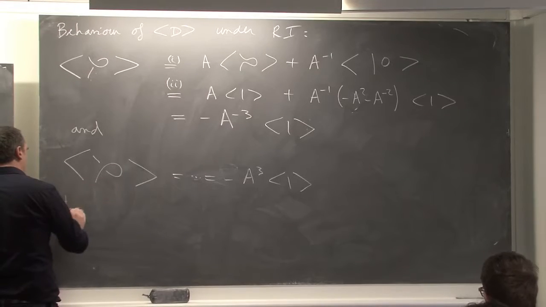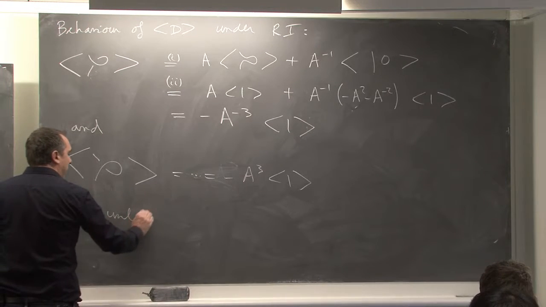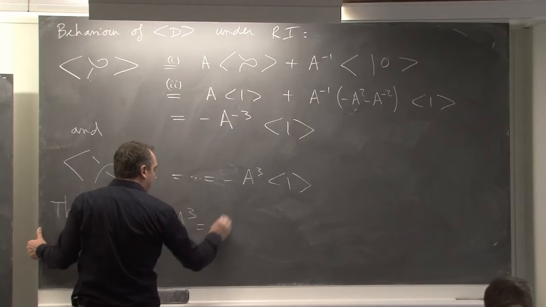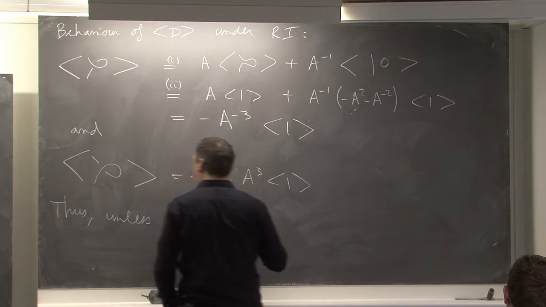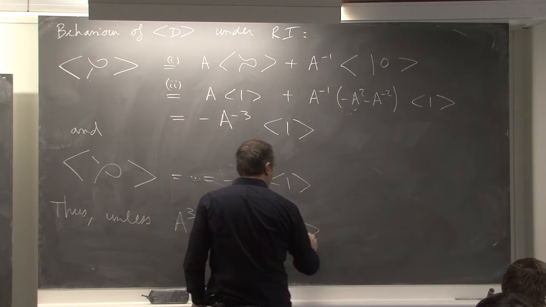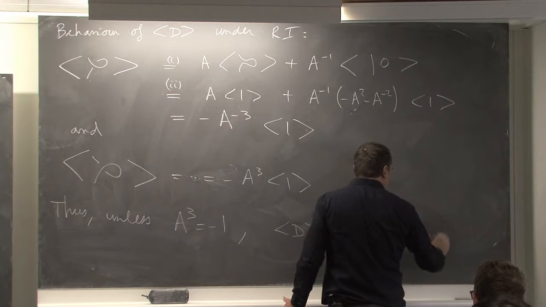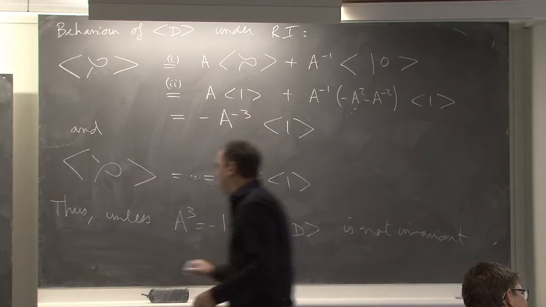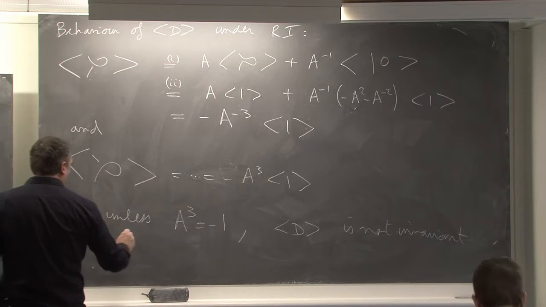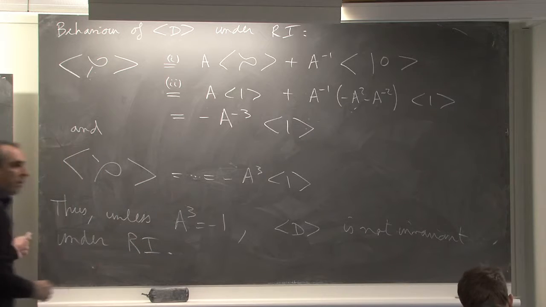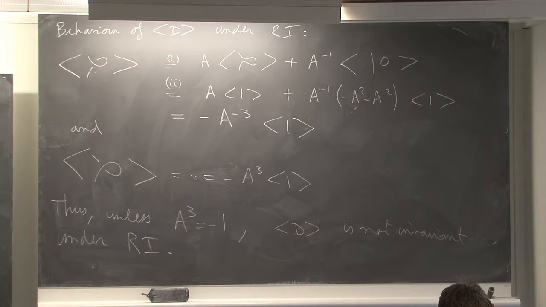So unless A cubed is minus 1, the bracket polynomial is not invariant under the first Reidemeister move. So we do not have yet an isotopy invariant of links.